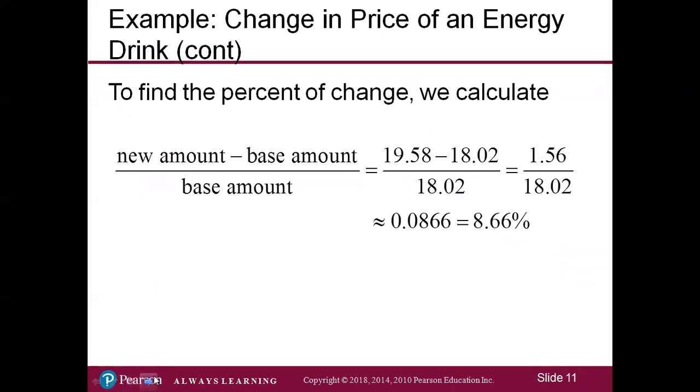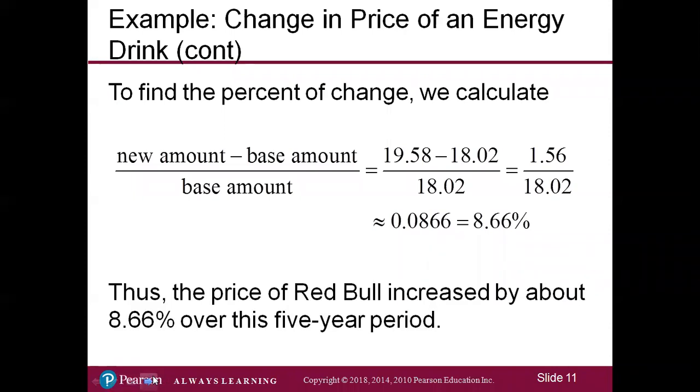To find the percent of change, we calculate new amount minus base amount divided by base amount equals 19.58 minus 18.02 divided by 18.02, for a total of 1.56 divided by 18.02, which is approximately 0.0866, which equals 8.66%. Thus, the price of Red Bull increased by about 8.66% over this 5-year period.